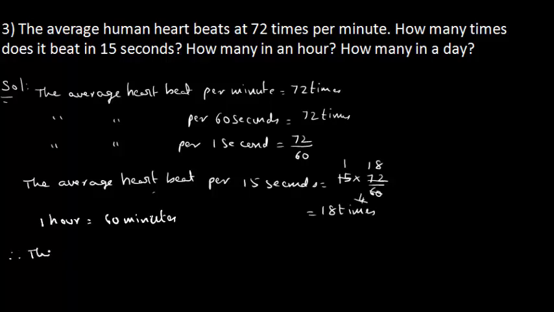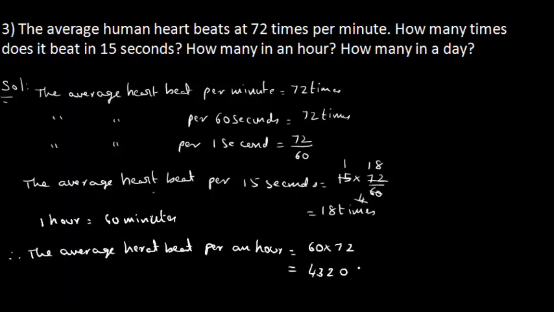So the average heartbeat per hour equal to 60 into per minute 72 times. 0, 6 2s are 12, 6 7s are 42, 42 plus 1, 43. 4320 times. The average heartbeat per hour is 4320 times.